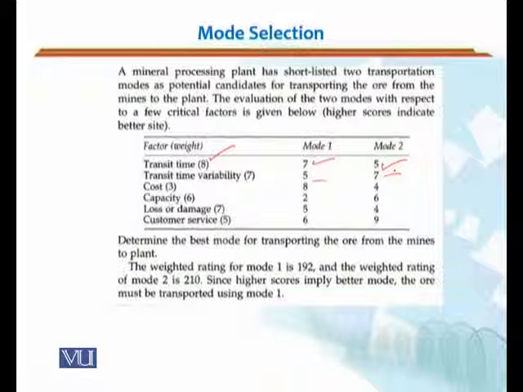We need to determine the best mode for transporting the ore from the mines to the plant. So we just need to multiply the weights with the mode scores: 8 multiplied by 7, then add 7 multiplied by 5 for mode 1, and do this through to customer service, the last factor, and add those numbers.